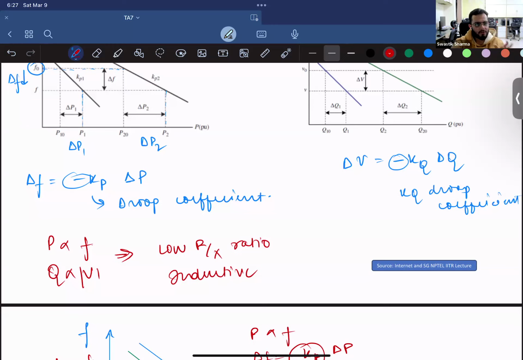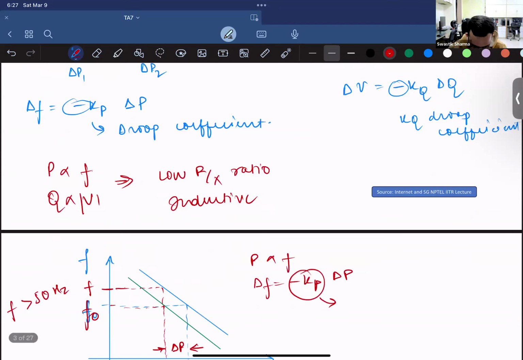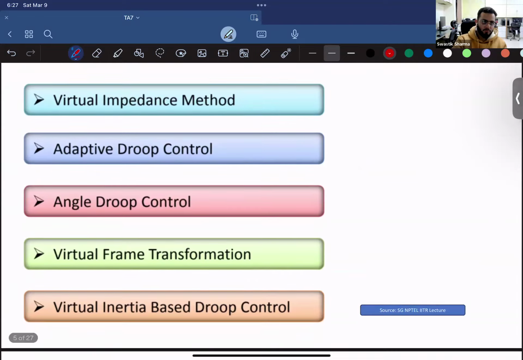So our power will be dependent on both frequency and voltage, and similarly for Q. This inefficiency due to the assumption causes the power sharing to be different for the analyzed case from the real world case. So what we can do is use new control methods, which are the virtual impedance method, an adaptive control, a droop control method, angle droop control method, virtual frame transformation, and virtual inertia based droop control.